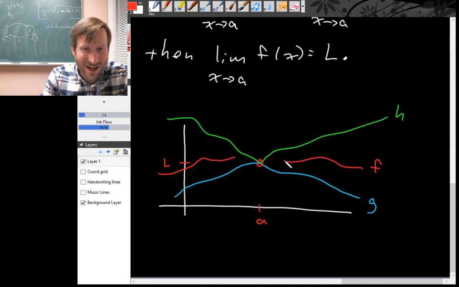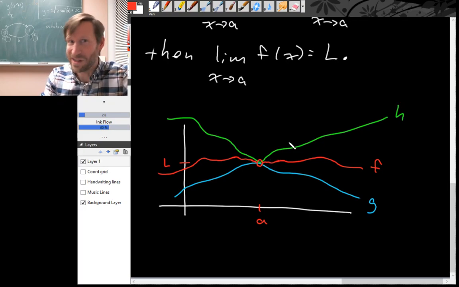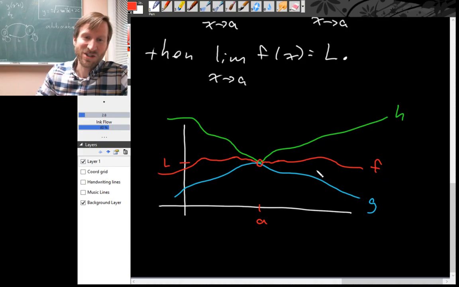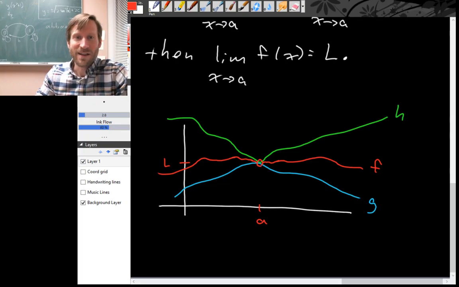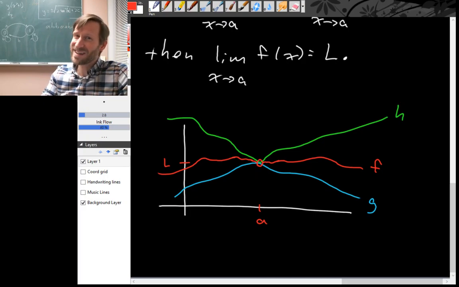And you can see in the graph, as x goes to a, since f is trapped between g and h, there's just nowhere for f to go as we get closer and closer to the x value a, except to this height L. It's the only possibility. And so that's what the squeeze theorem is really saying. It just says that g and h squeeze f towards the limit L. This is sort of a special case fact for calculating limits, but we'll see it comes in handy every once in a while.